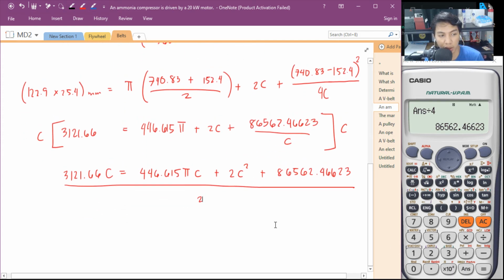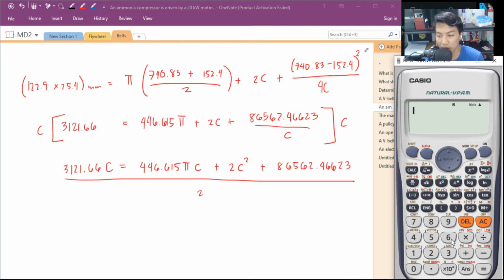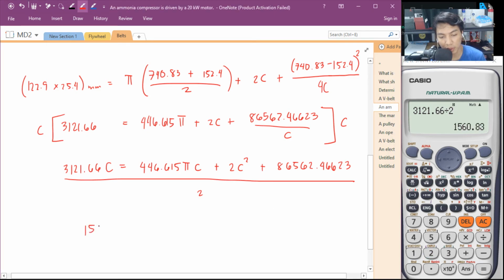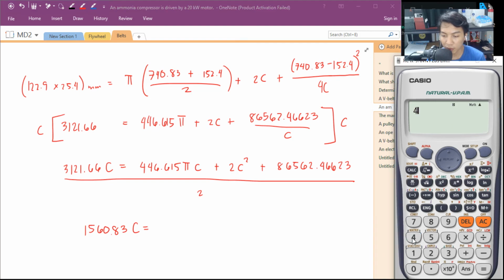So, 3121.66 divided by 2. That is 1560.83. C equal to 446.615 shift pi divide by 2.